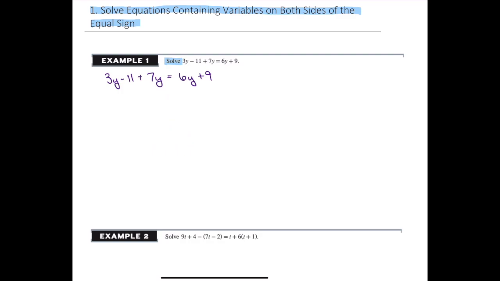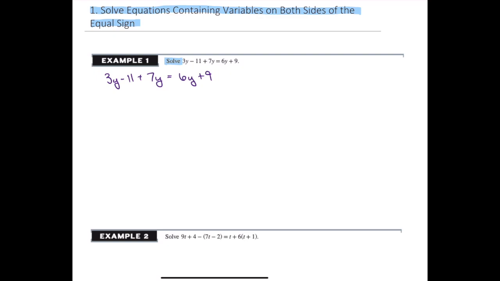So what should we do first? It might be kind of unclear, and it's not super necessary to do a particular thing. As long as we're following the rules, there are many paths that will lead us to the solution. As long as we're doing the right kinds of moves, it doesn't necessarily matter where we start.